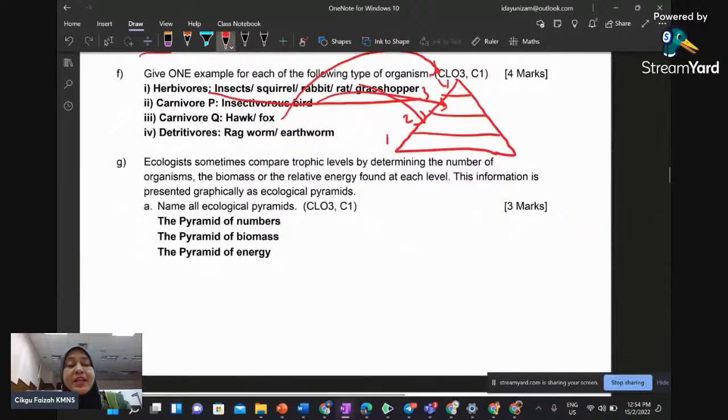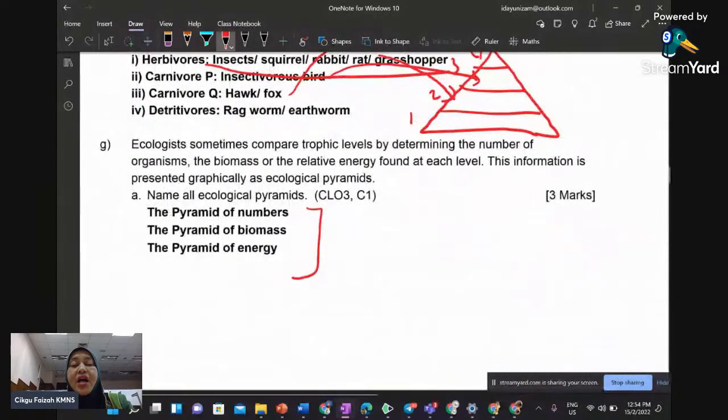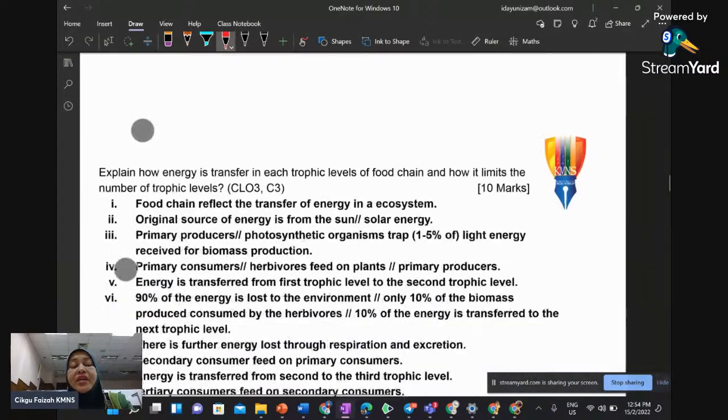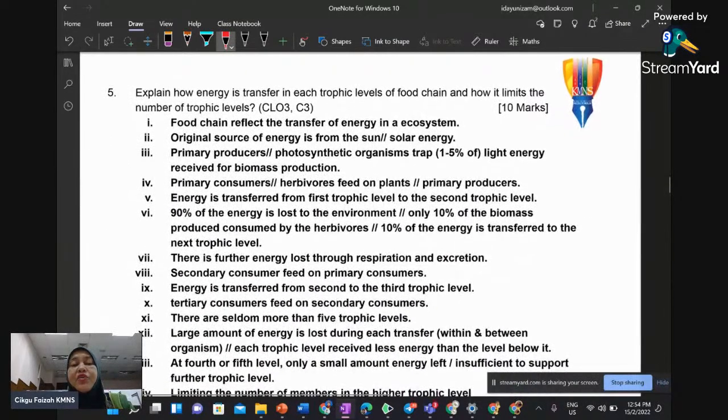Okay, next, like the teacher mentioned, you need to know 3 ecological pyramids, which ecologists really use: the pyramid of numbers, the pyramid of biomass, and the pyramid of energy. Next, this is more about how you put it in essay form.